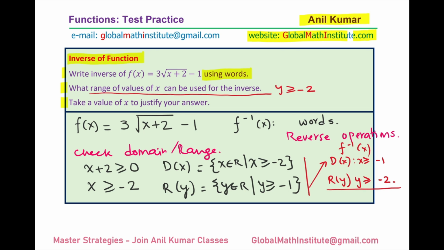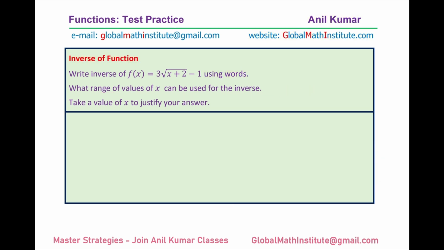Here is my suggestion. As I was saying, the function itself is given to us as 3 times square root of x plus 2, minus 1. What are the operations being performed? That is what we have to look into. If I feed in x, the first thing is to x we add 2.